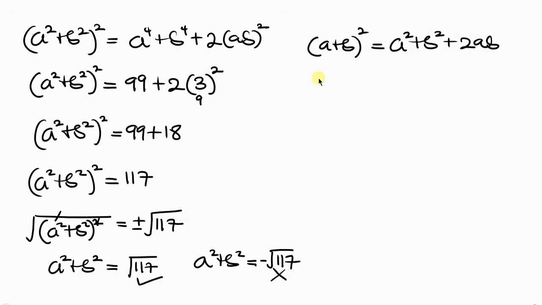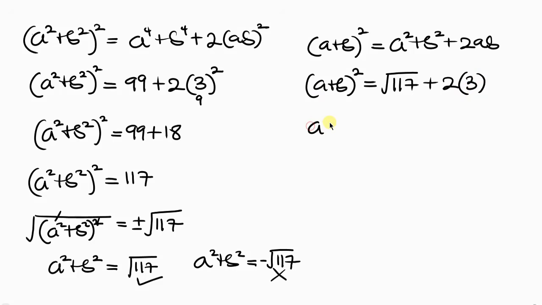That is it. So this becomes a plus b all raised to the power of 2 to be equal to, now watch, a squared plus b squared is what we have here to be the square root of 117. So that is the square root of 117 plus 2 times ab. ab is 3 from my equation 2.